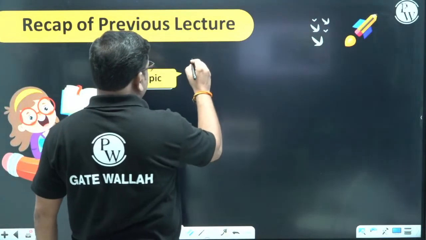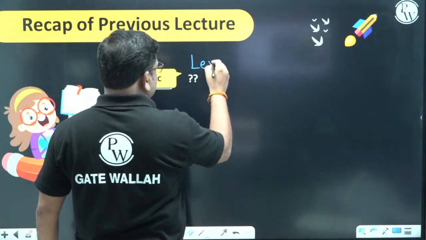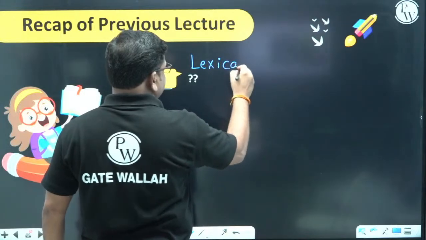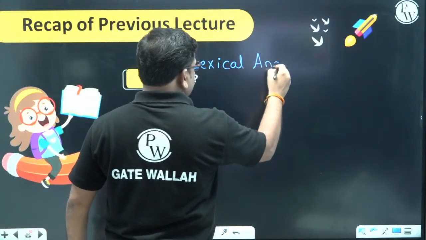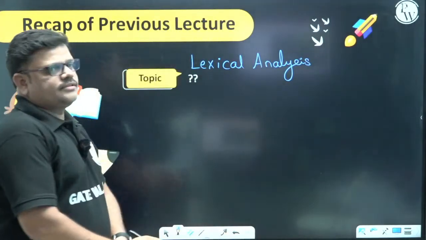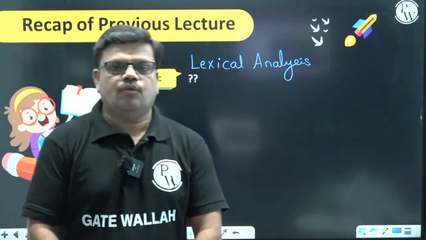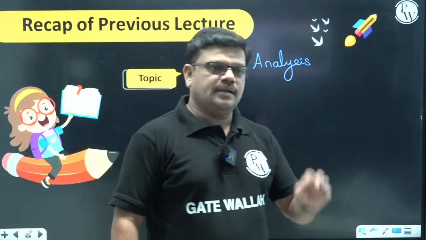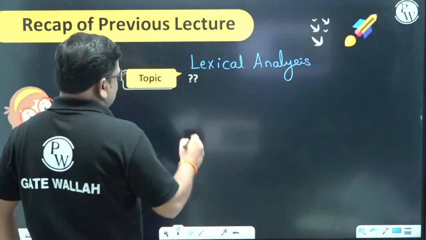So what have we discussed in our previous classes? In the first class, we discussed lexical analysis of a compiler. In lexical analysis, we mainly discussed two things.